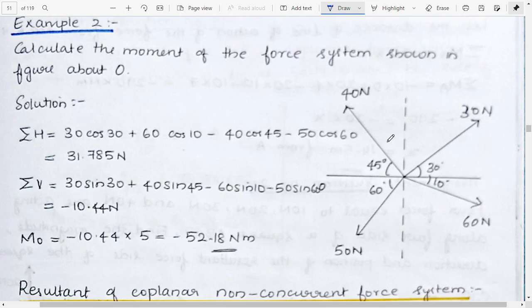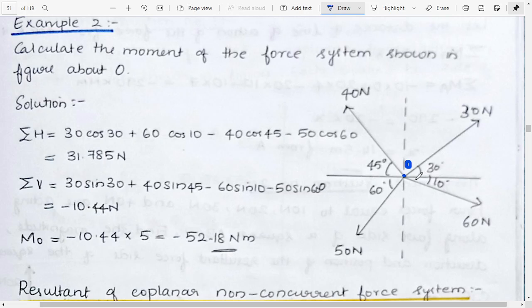Now in the second case, we need to calculate the moment of the force system shown in the figure about O. So this point here is O. First of all, we need to resolve these forces into horizontal and vertical forces.